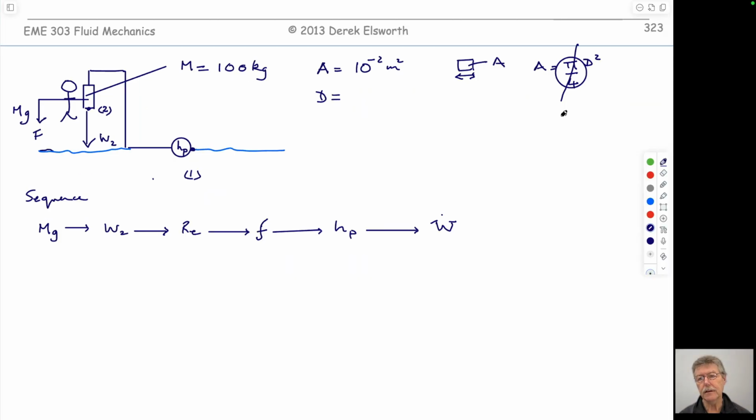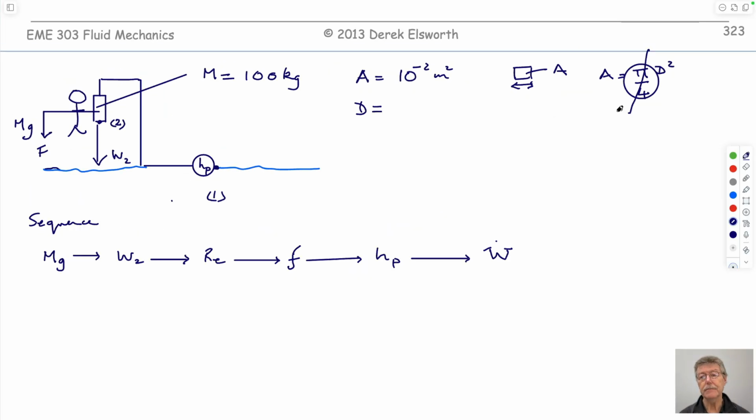It's gone off the screen. I don't know why it does that. But it hasn't come back. Oh, yes, it has come back. And so to my simple mind, this is 1. 3.14 over 4. So d is equal to 10 to the minus 1.